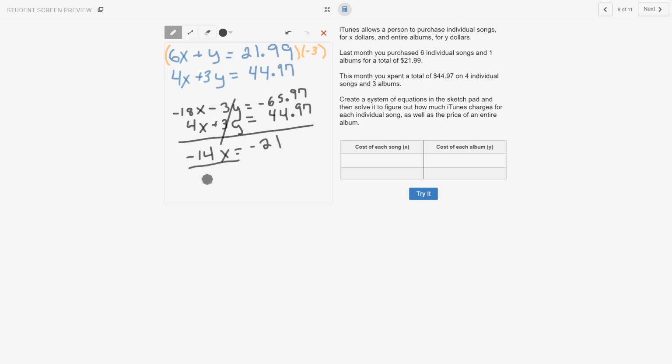Divide both sides by -14. And x is going to be 1.5. So each song is $1.50. I'm going to let you figure out the cost of the album. I would probably plug it into the top one. 6 times 1.5 plus y equals 21.99, and you can solve it from there.